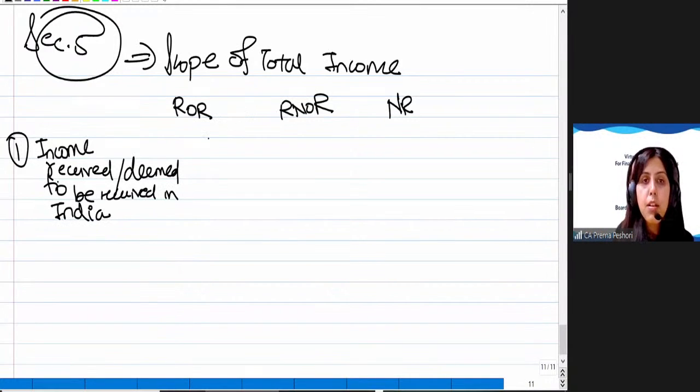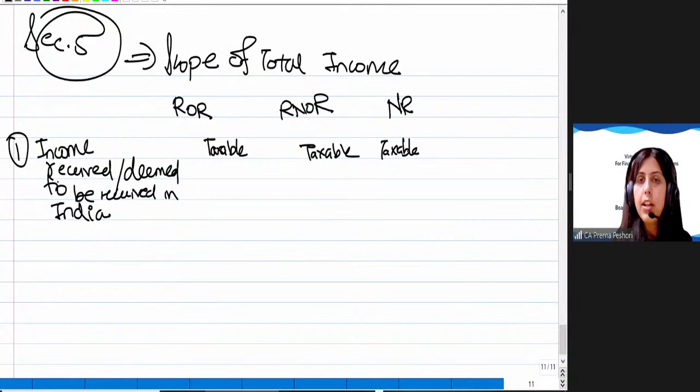This is taxable for ROR. This is also taxable for RNOR, and this is also taxable for NR. Clear? Is it clear?